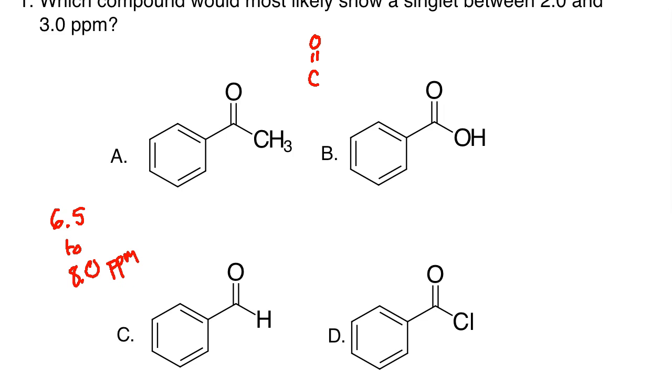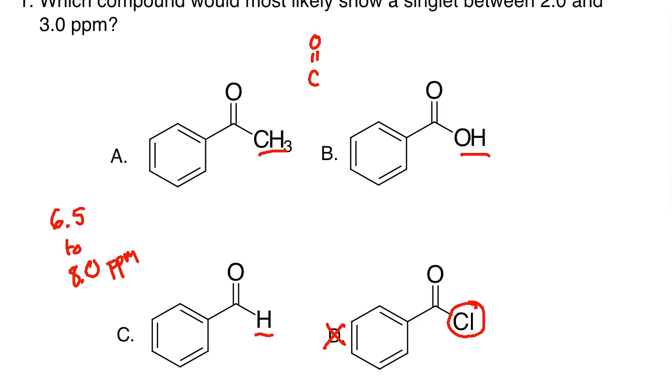So of the bunch, there's a couple of these that you can get rid of, and it should narrow down fairly quickly. So number 1, D, right here, cannot be an option, because outside of the aromatic protons, this chlorine does not have a proton associated with it, and therefore we would not see any additional signals outside of the aromatic signals.